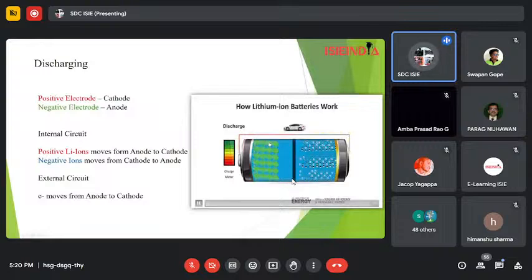Whenever the electrons are flowing from the negative terminal to the positive terminal, the discharging of the battery will occur, right? What is the flow of electrons? Flow of electrons means electricity. So here the electrons are flowing through the external circuit, and the lithium ions are flowing through the internal circuit through the separator.